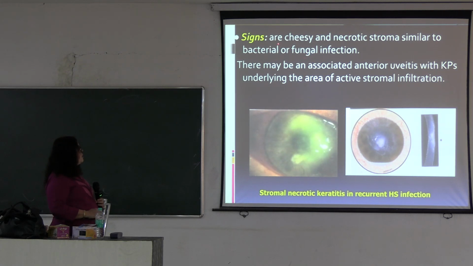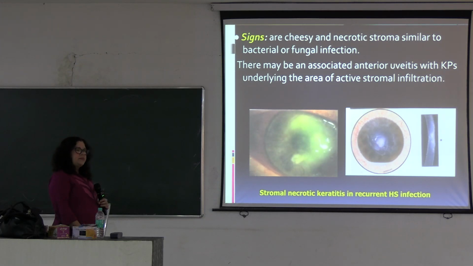Signs: here cheesy necrotic stromal material is present, just like in bacterial corneal ulcers, and it may also be associated with anterior uveitis. Anterior uveitis also has KPs, keratic precipitates.